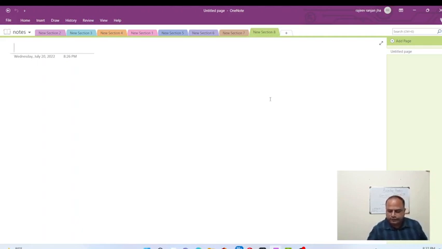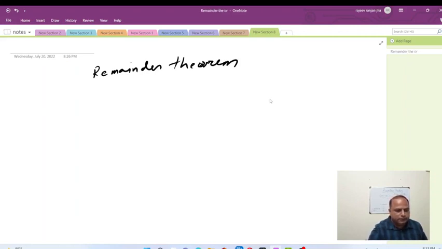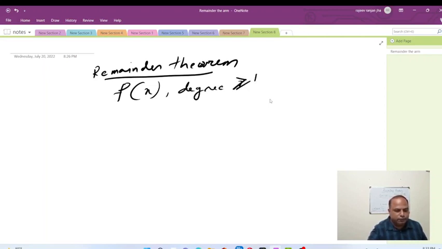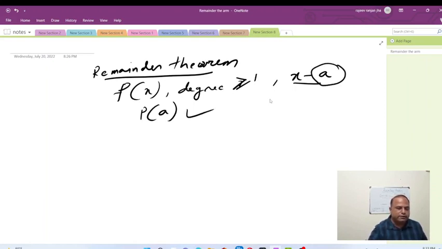So we said that we will be reading the remainder theorem. We have read it. So what it says: if a polynomial p(x) is divided, and here the degree of this polynomial should be greater than or equal to 1, and it is divided by a linear polynomial x minus a, you get a remainder p(a). Fine, p(a), you just put it like this.